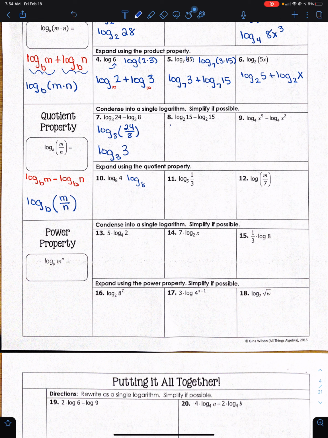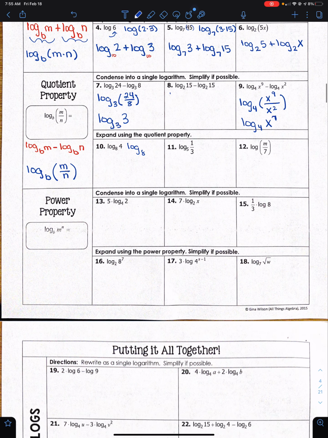Then I'll skip number 8 and I'll go to number 9. So I will have log 4 of x to the 9th over x squared. And that gives me log 4 of x to the 7th, because when we're dividing, we subtract the exponents.